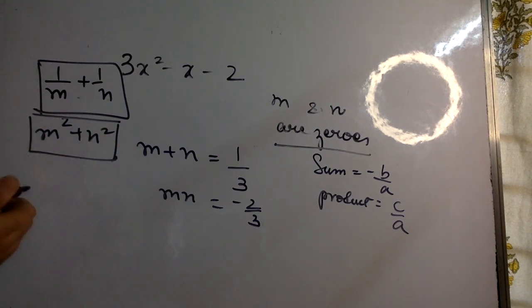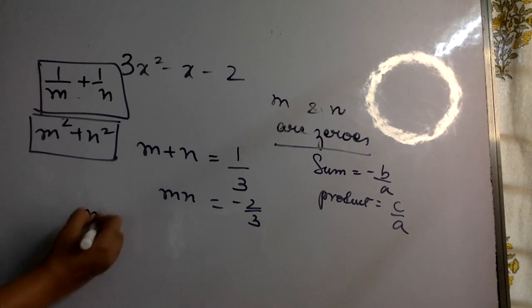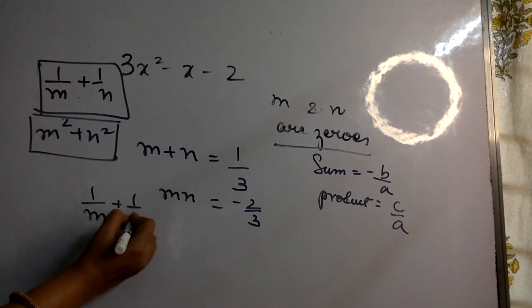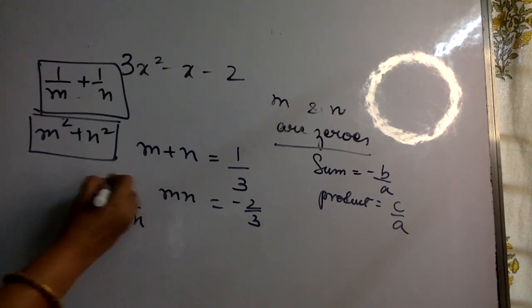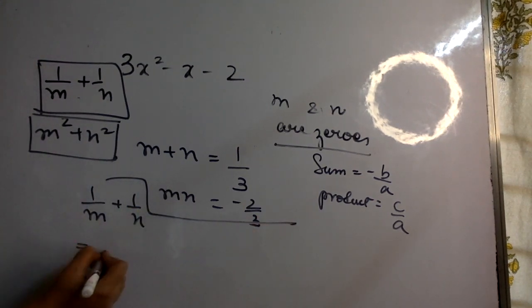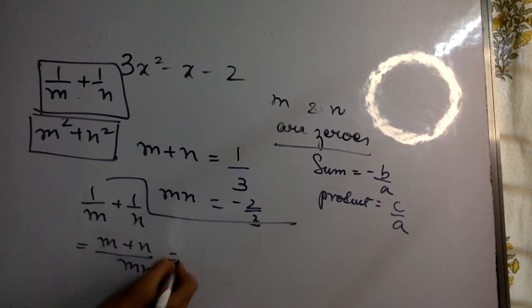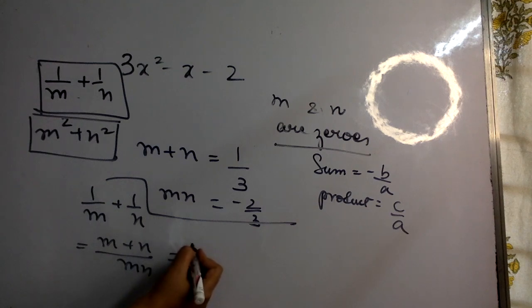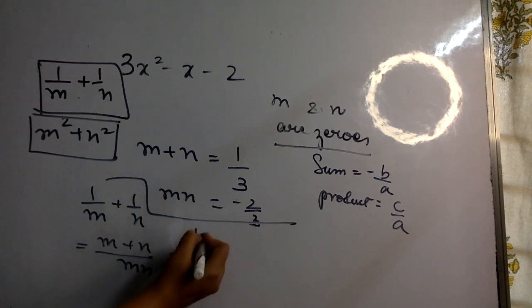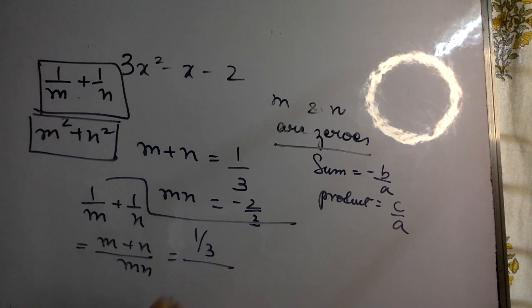Now I have what to work with here. If I write 1 by m plus 1 by n, which is equal to m plus n over mn, with mn as the LCM, that gives me m plus n is 1 by 3 and mn is minus 2 by 3.